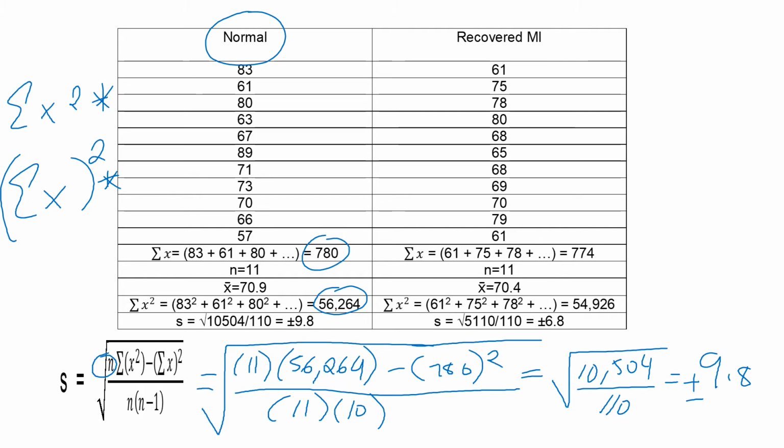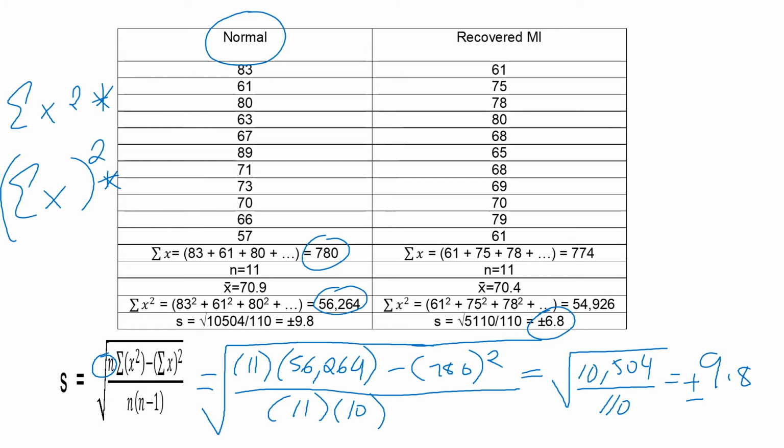Now you would do the same thing to calculate the standard deviation for the other group. Notice how for the other group, after you set up your standard deviation equation, you would get 6.8. So what does that tell you?